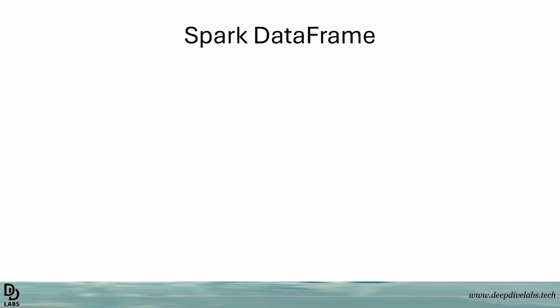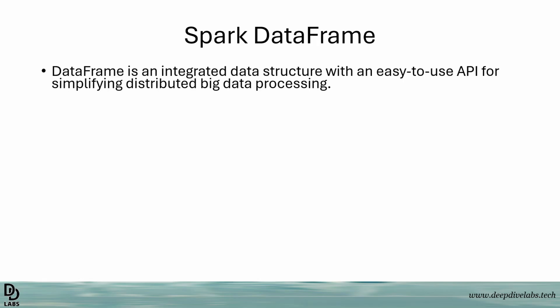Having understood Spark SQL, a very important data structure that you have to understand is the Spark DataFrame. Although in the Spark core engine, RDD, the resilient distributed dataset, was the fundamental data structure, DataFrame was later developed because it created an integrated data structure with an easy to use API for simplifying distributed big data processing.